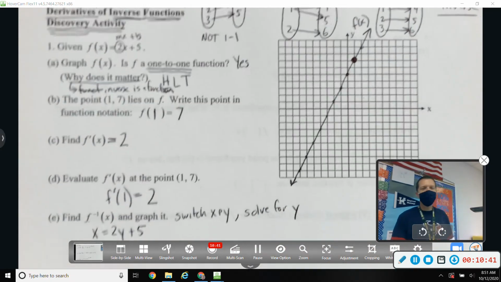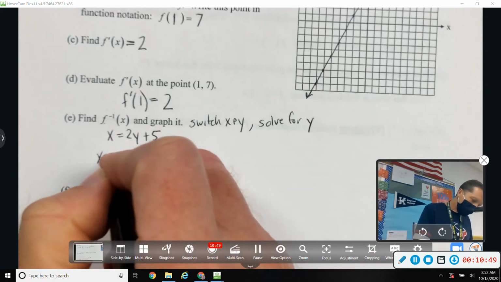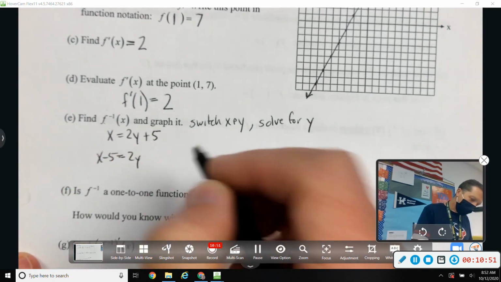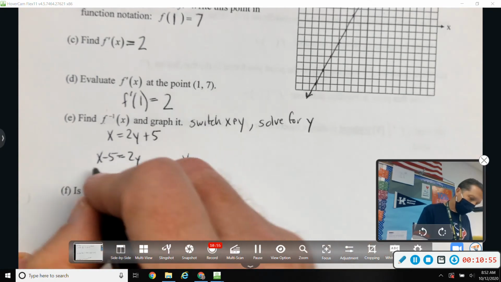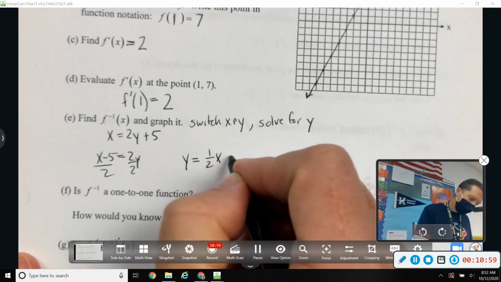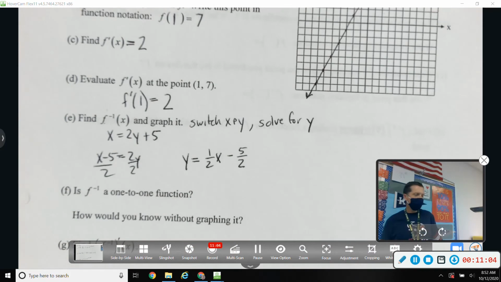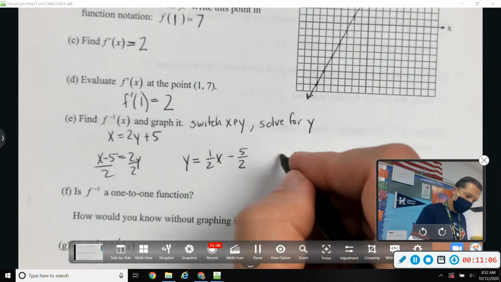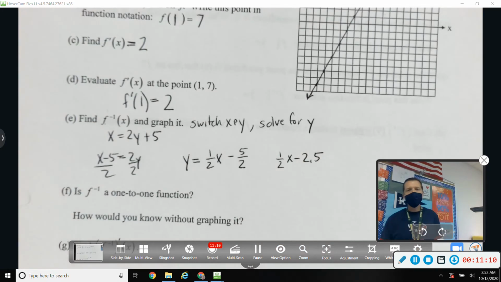But I can't really graph x equals 2y plus 5, so I will solve that for y, and then I'll be able to graph it. So x minus 5 equals 2y. So y equals, if I divide everybody by 2, 1/2 x minus 5/2. That's 1/2 x minus 2.5, if that looks better for graphing purposes.